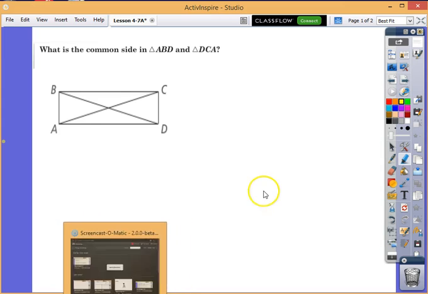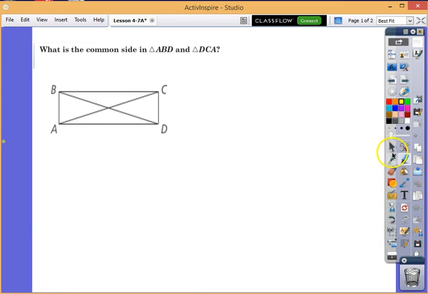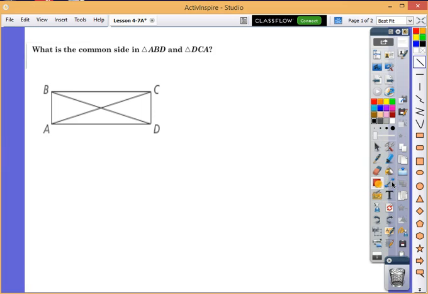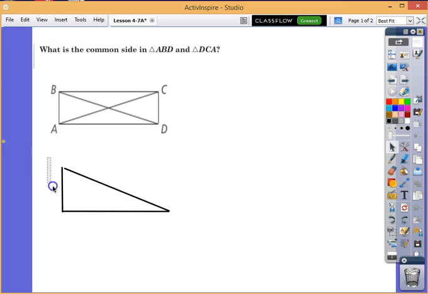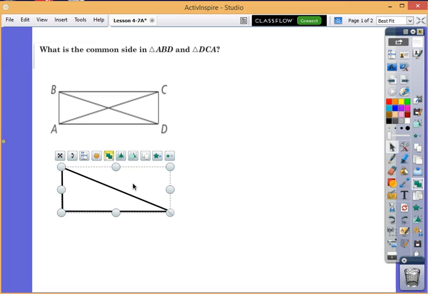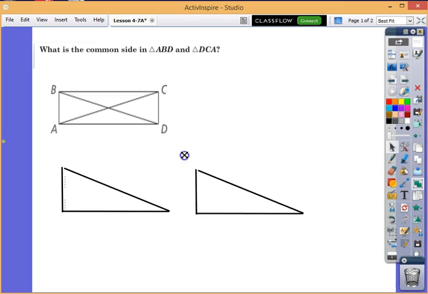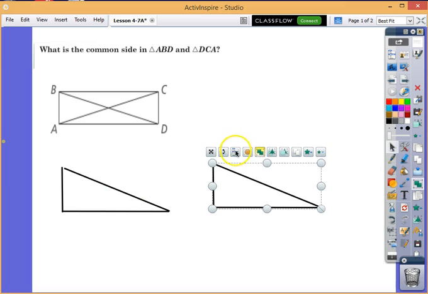So for example, in this particular picture right here, I might go ahead and draw two triangles to represent the triangles that are listed at the top of the question. So there's one triangle, and instead of drawing the second triangle, I think I'm just going to duplicate this one and flip it. So dupe, and then there should be a flip option.